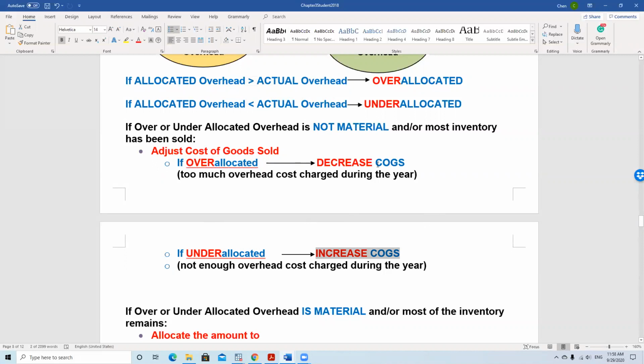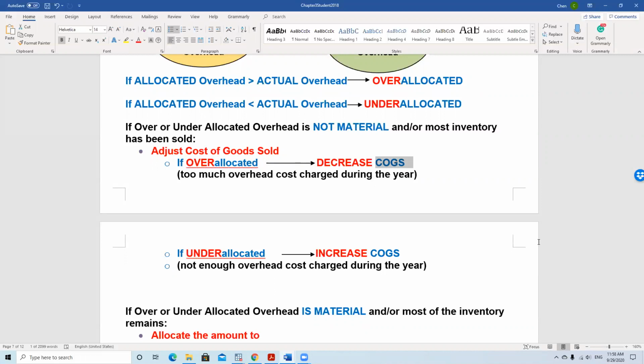This makes sense because if you remember, go back to what we had at the beginning of the chapter, cost of goods sold is from your inventory, right? Cost of goods sold is from your inventory, and your inventory has 3 different kinds: the raw material, work in progress, and finished goods.